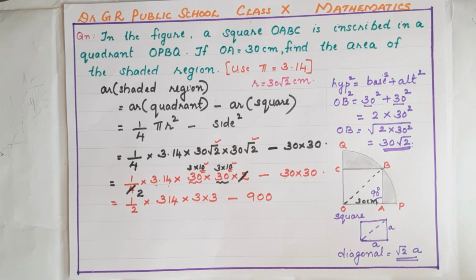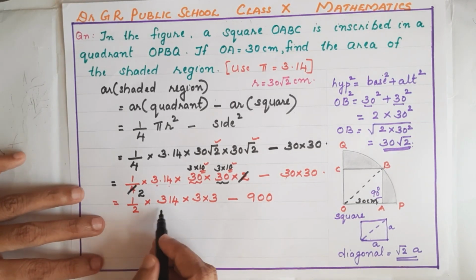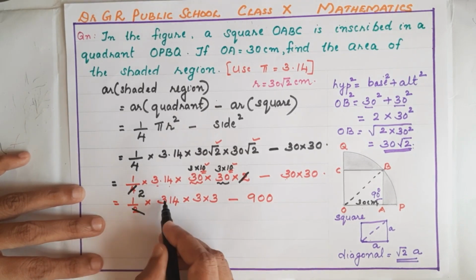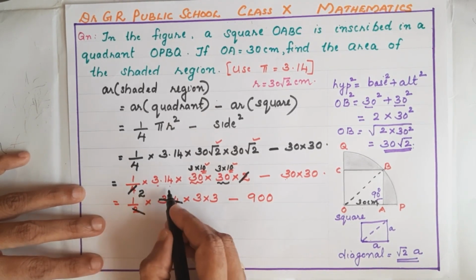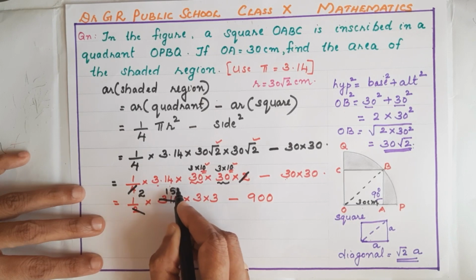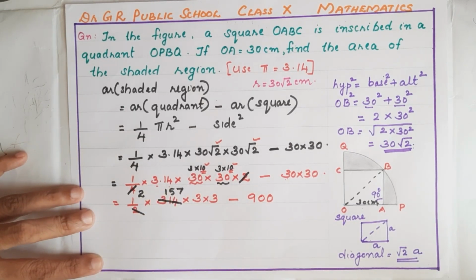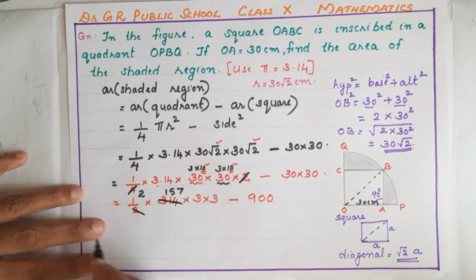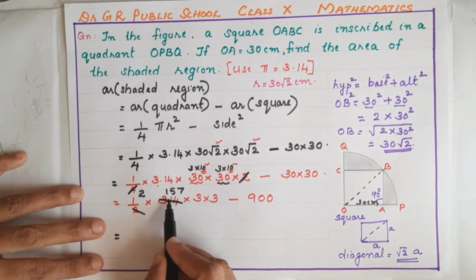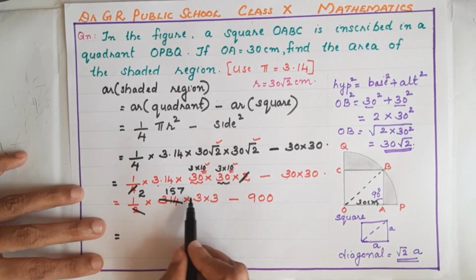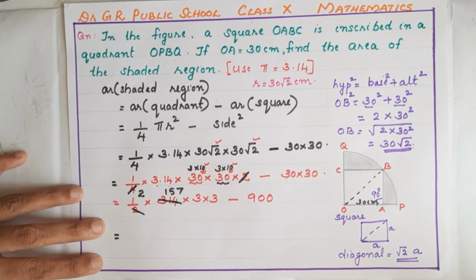Okay. Now what can we do? Now you can cancel 2 and 314. You will get 157. Now remaining is 157 into 9.